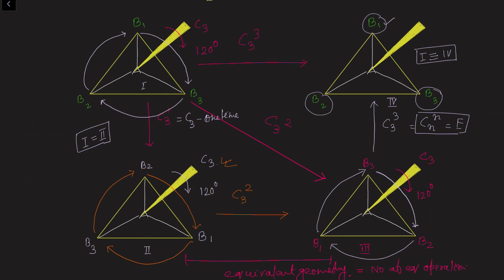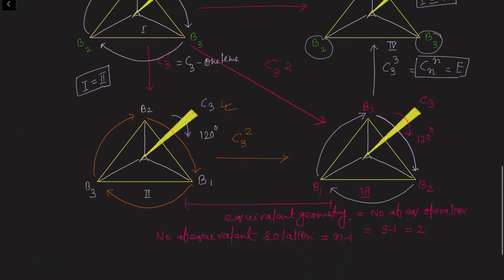It means 3 minus 1, which is 2. It means that about the C3 proper axis of rotation, when we perform 2 C3 operations, we get 2 equivalent geometries. So what is the number of equivalent rotations? n minus 1, where n is the order of the axis, 3 minus 1, which is 2.